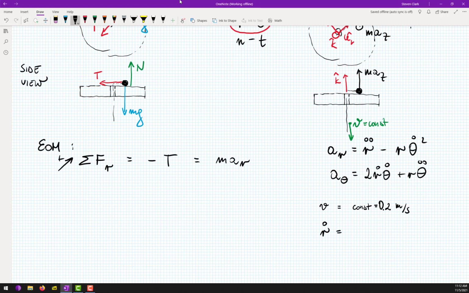It will be negative 0.2 meters per second, and this is constant. That means that our R double dot will be 0. So that means that this is 0.